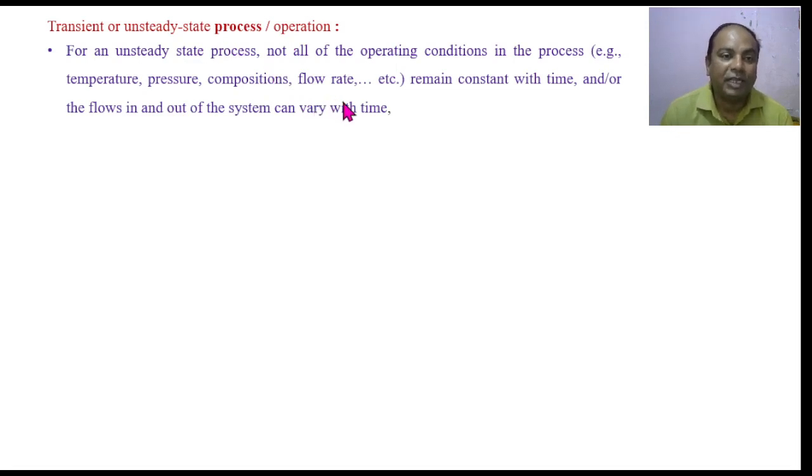That is, one or more process variables may be getting varied during the process, and therefore it is an unsteady state process. So finally we can say that process variables do not remain constant with time. As time passes, or in the course of time, these process variables continuously keep on changing.